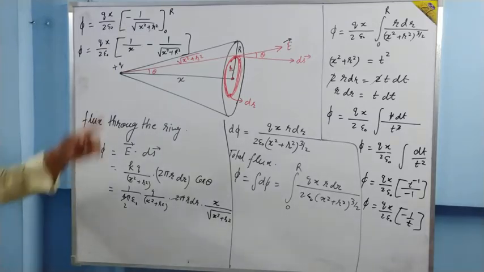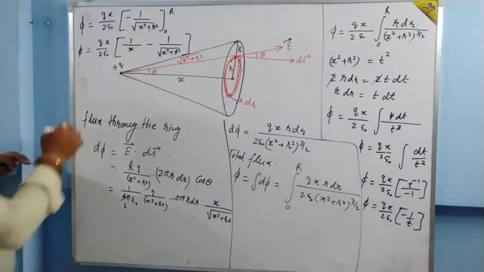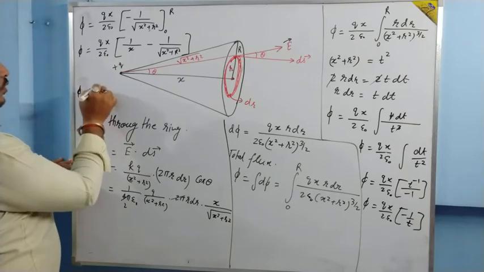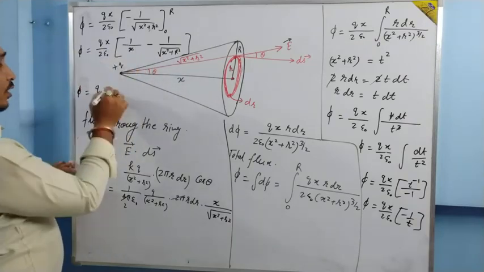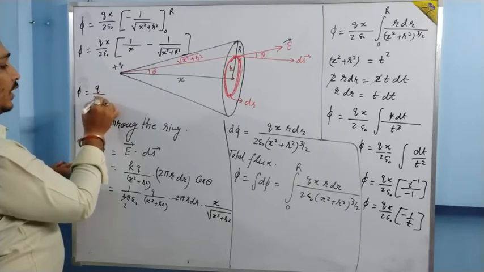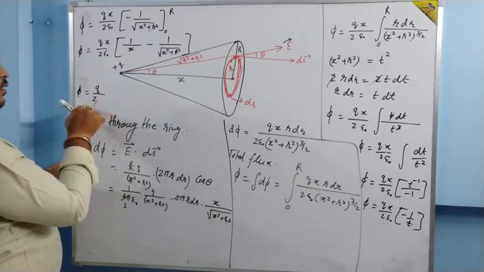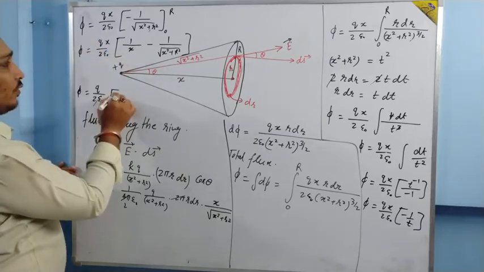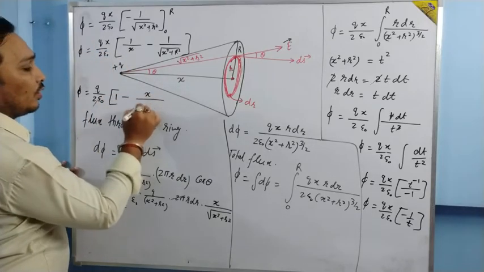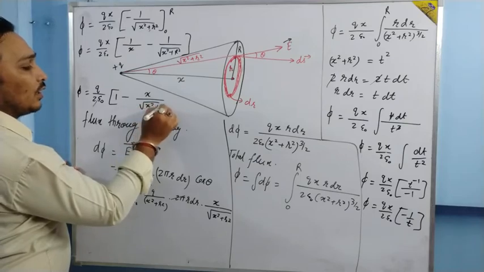What can I do? I can take x out also. So phi is equal to q upon 2 epsilon naught. If we take x out, x and x will be cancelled out. We are going to have 1 minus x upon under root x square plus r square.